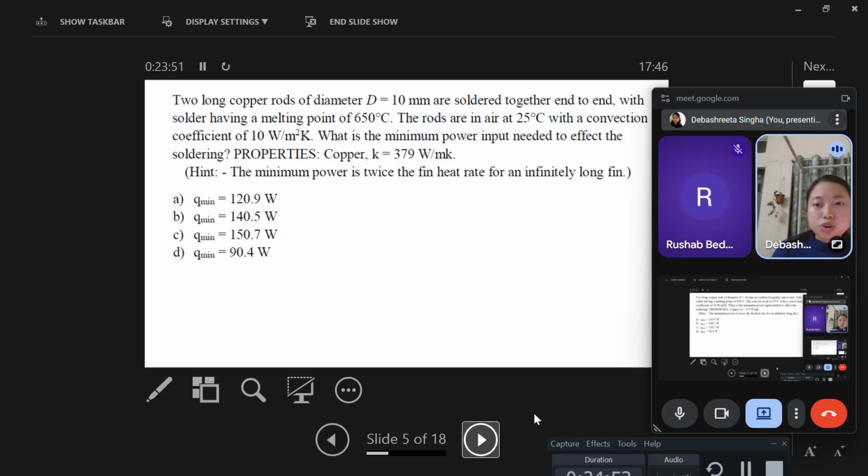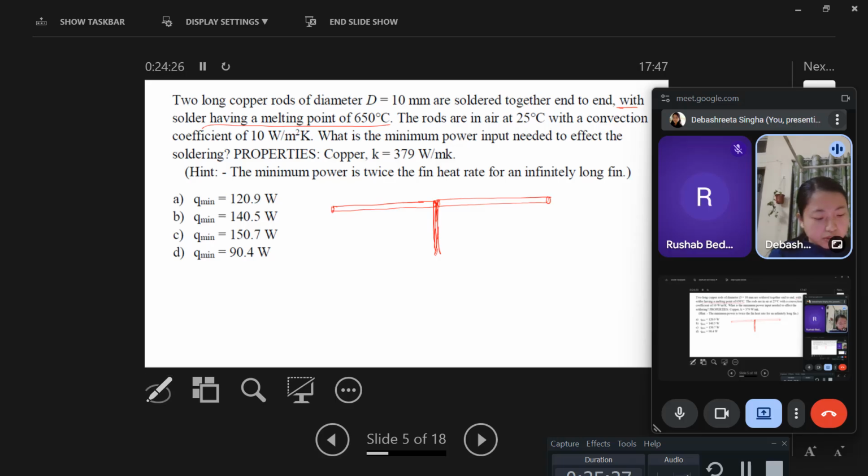It's given that two long copper rods of diameter D equal to 10 millimeter are soldered together end to end, with solder having a melting point of 650 degrees Celsius. So there are two long copper rods, end to end, and there is some soldering here.